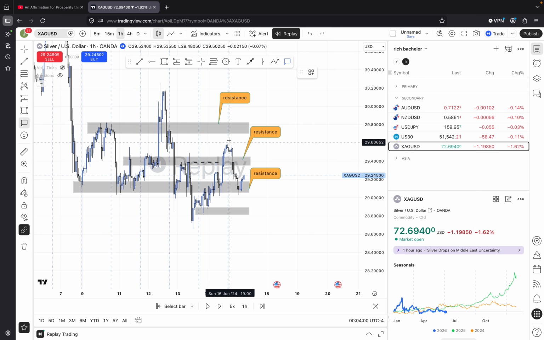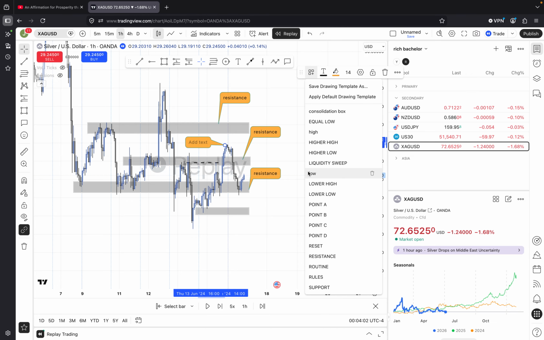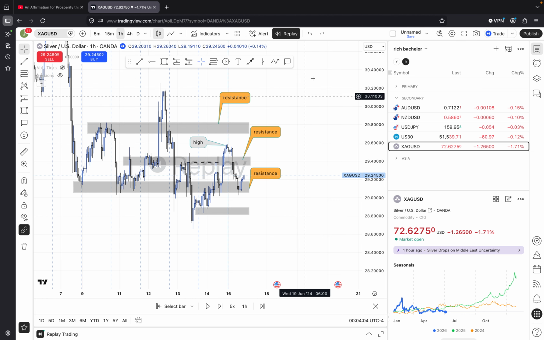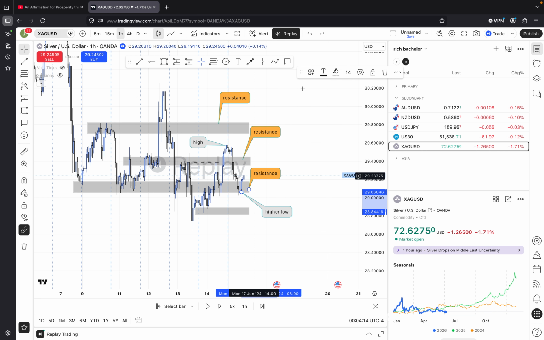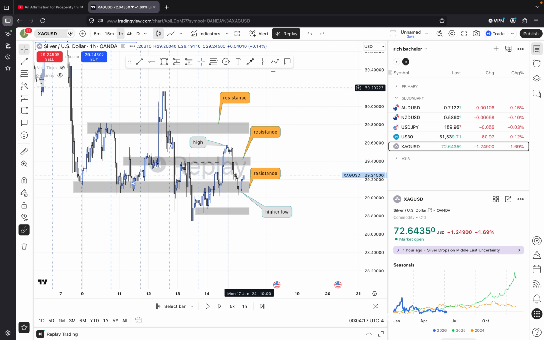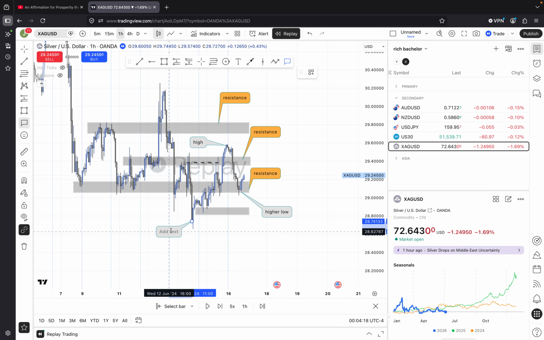Gave us the high. Now we have a higher low. And then we have this low right here as well. So we have that high, that low, that high, higher low.